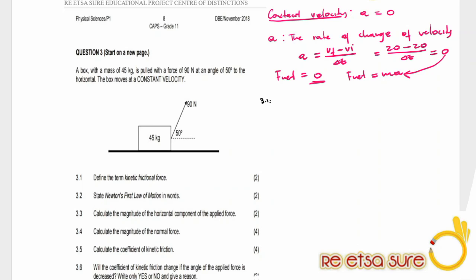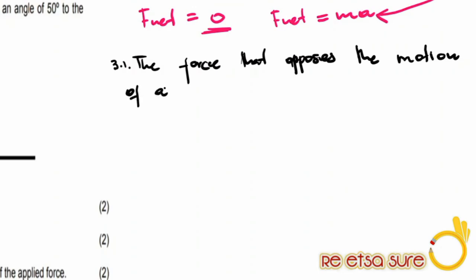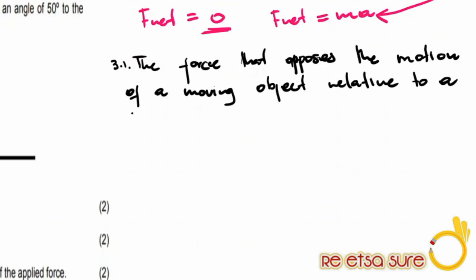So the kinetic frictional force is defined as the force that opposes the motion of a moving object relative to a surface.